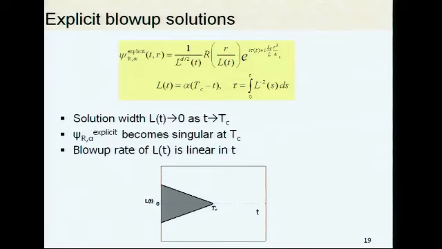And this is an exact solution of the NLS. Now, L of t you can think of as the width of the solution, and it goes to 0 at T c, and therefore the beam shrinks to 0 and its amplitude goes to infinity. So this explicit solution becomes singular, and the blow-up rate of L of t is linear. So it looks like this triangle.